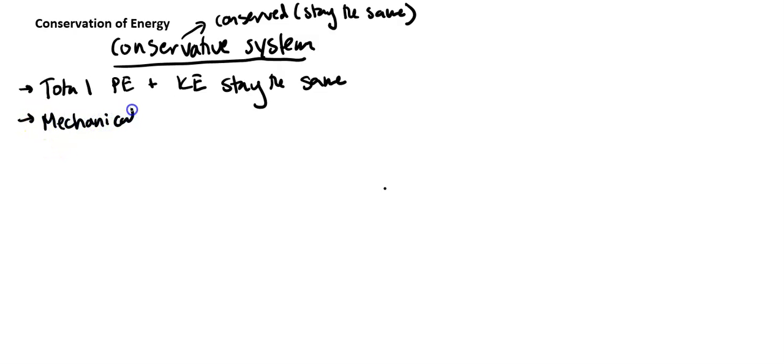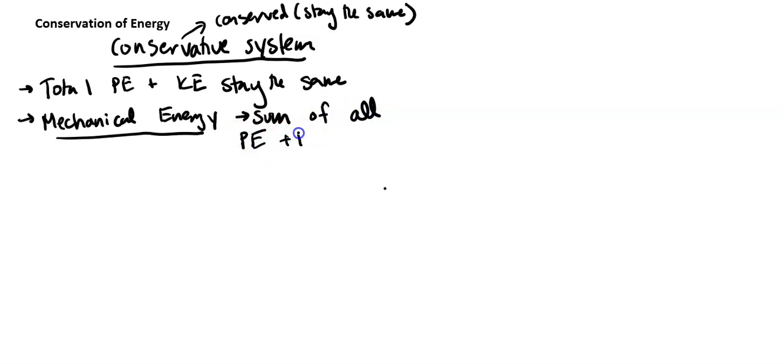So mechanical energy is just the sum of all the potential energy and kinetic energy in a system. And again, for potential energy, I should use the symbol U, capital U. Cool. So let's look at a random conservative system.